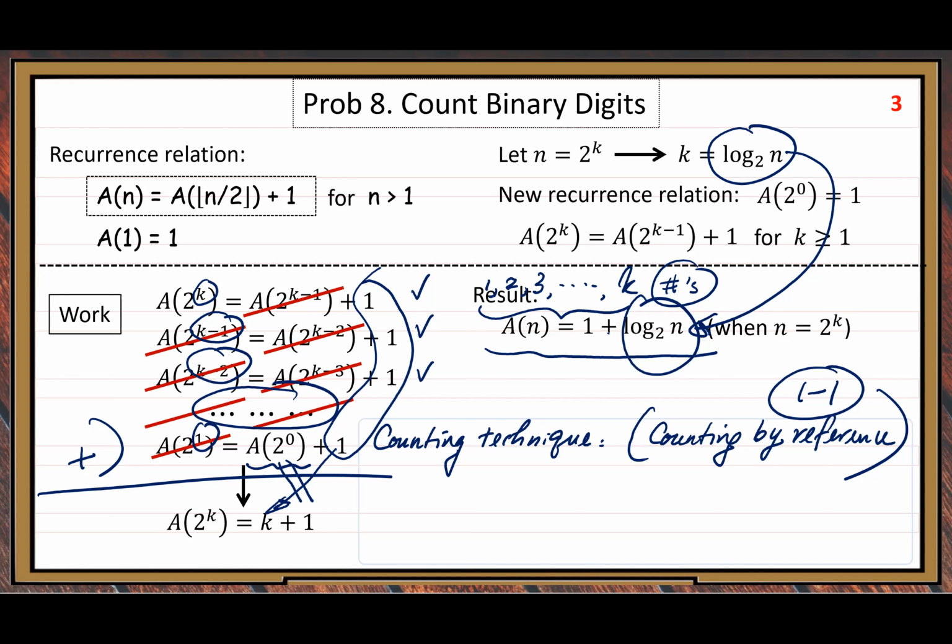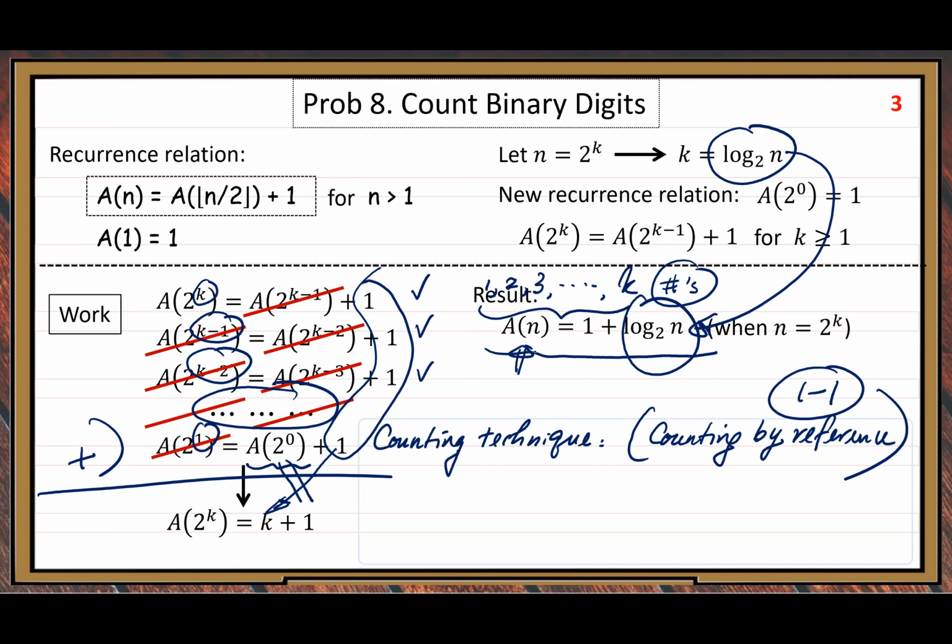Where N is not a power of 2, the log base 2 expression is not an integer. But the left-hand side must be an integer, right? A of N must be an integer. But the right-hand side is not an integer. So definitely you cannot use this formula when N is not a power of 2. So it is wrong.